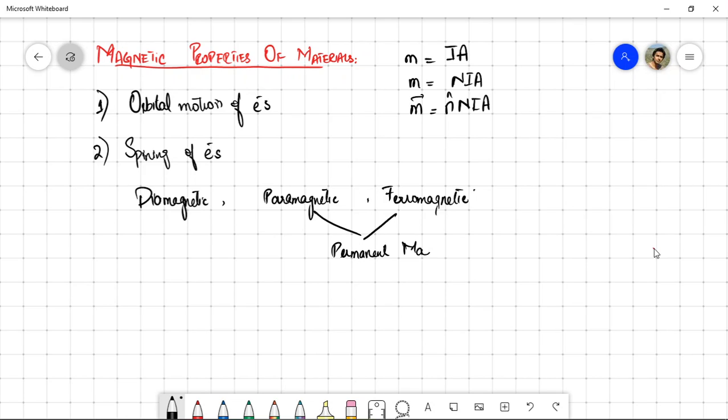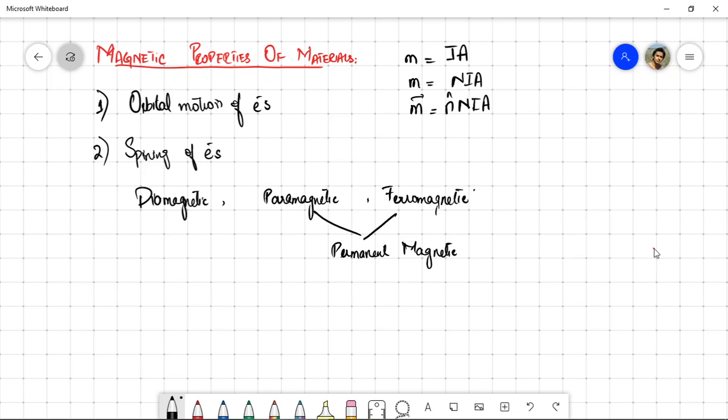Now you can compare these types of materials to the types of materials we studied in electrostatics. We talked about materials which had permanent electric dipole moments, polar materials, and we also talked about non-polar materials, in which there was an absence of permanent moments.